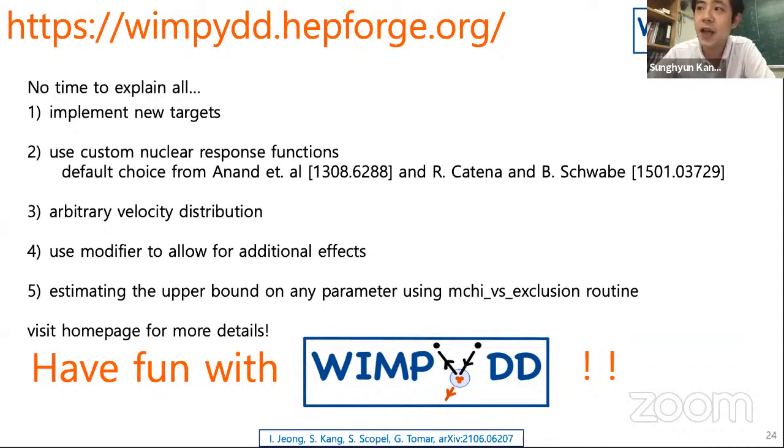We are providing DAMA, Xenon and Pico experiments using all the ingredients, I mean the experimental setup. And if you want to set up new experiments, then there is a folder named WimPyDD, and you can put those ingredient files in the proper directory, and then use the code as I told you.